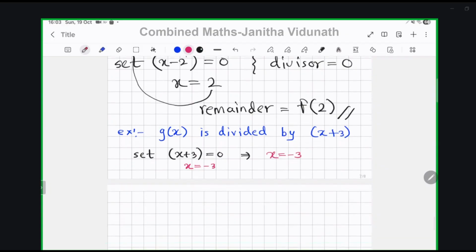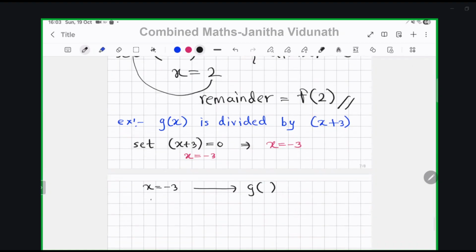Then we plug this value into our dividend, that means our function. Then the remainder should be equal to g(minus 3). This is a very easy one.